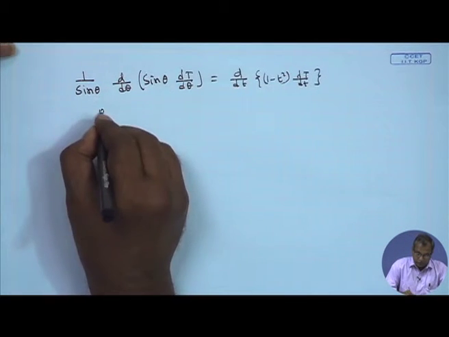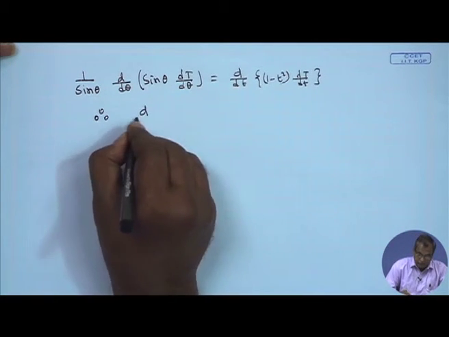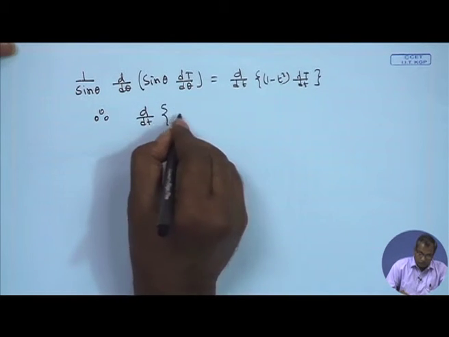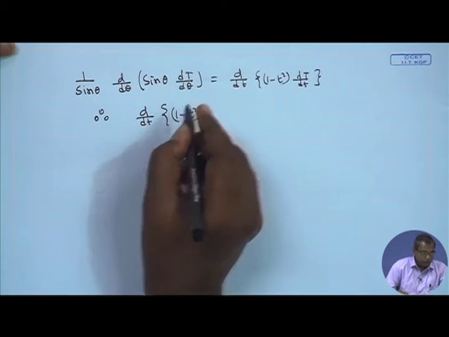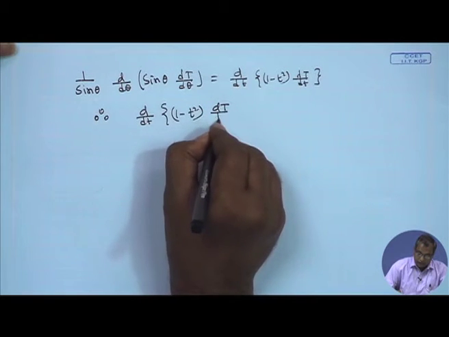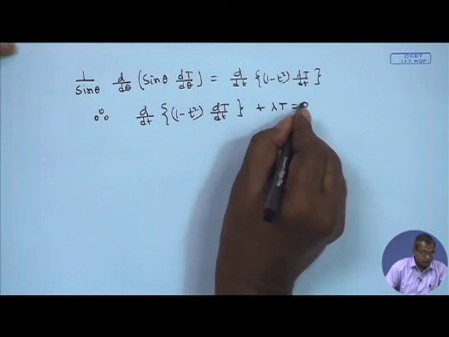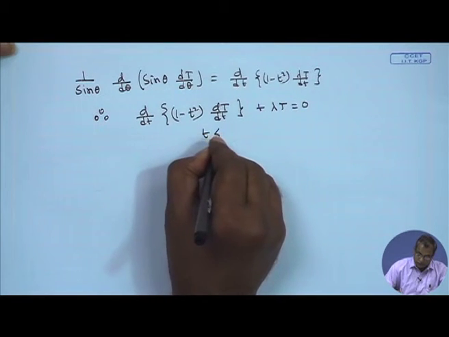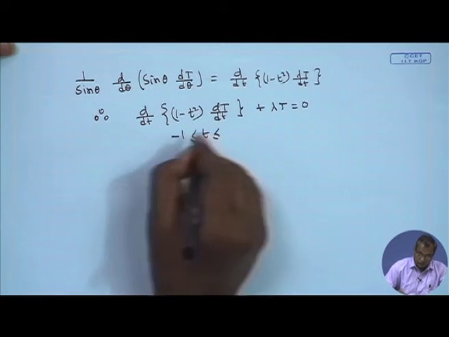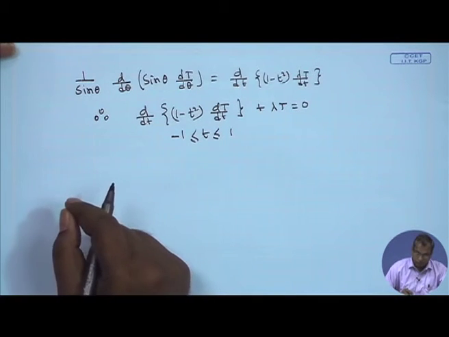So, I can put it in a neat form as d dt of 1 minus t square dT dt plus lambda T is equal to 0, where the dummy variable t varies from minus 1 to plus 1.